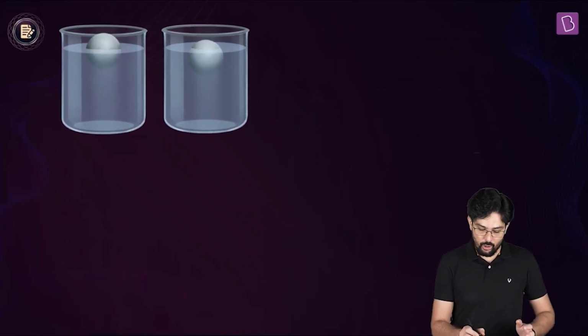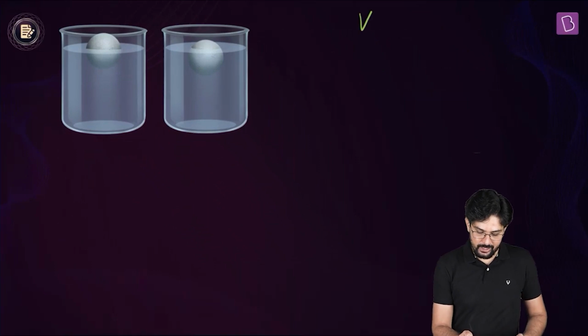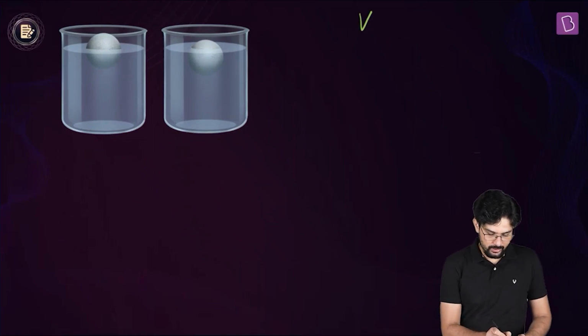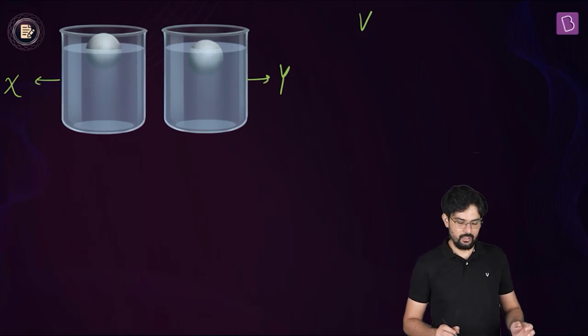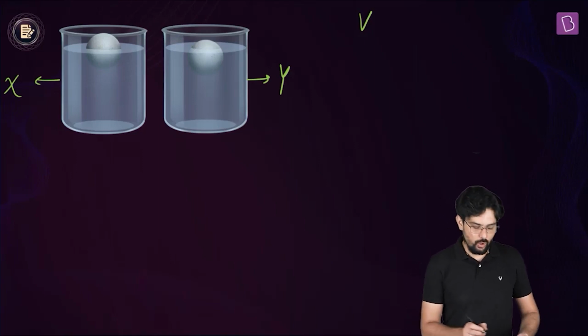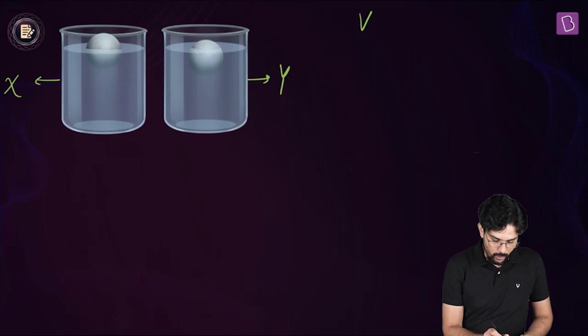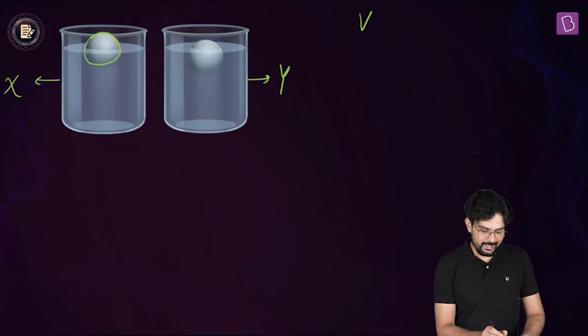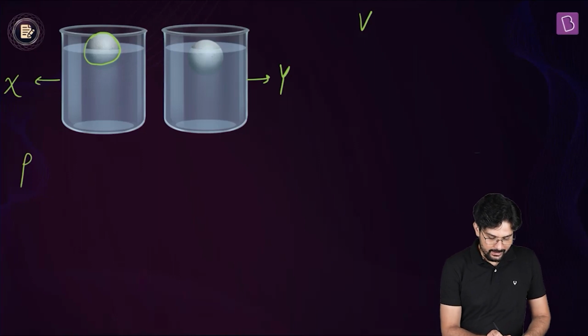Let's assume that the volume of both the objects is V. So this is X and this is Y, right? Let's first focus on this object. Let's assume that the density of X is rho X, right?